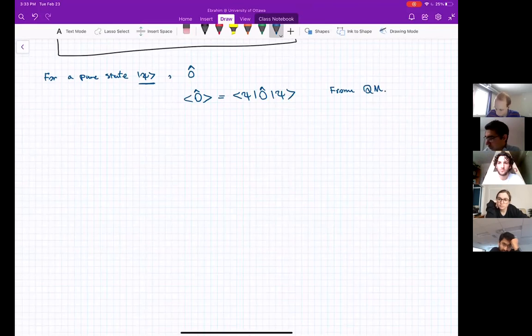Okay. So for example, if O is an operator which projects on a specific state, and is diagonalizing the space, then the expectation value of O essentially is projecting on that state, square modulus.